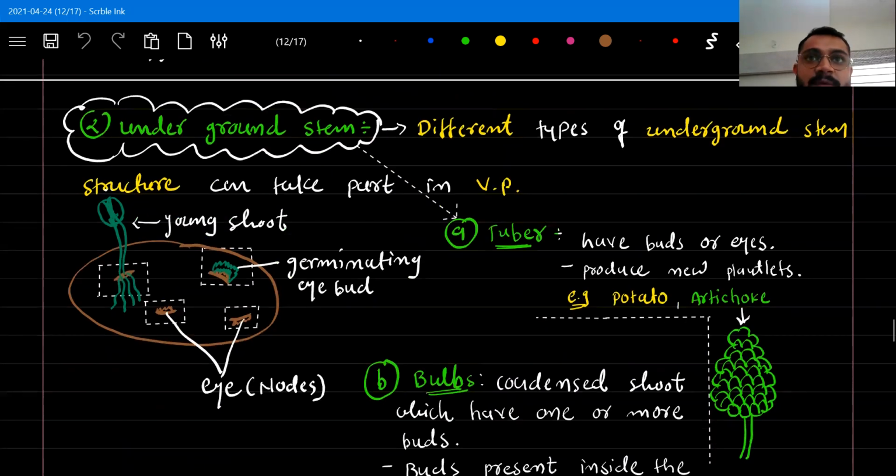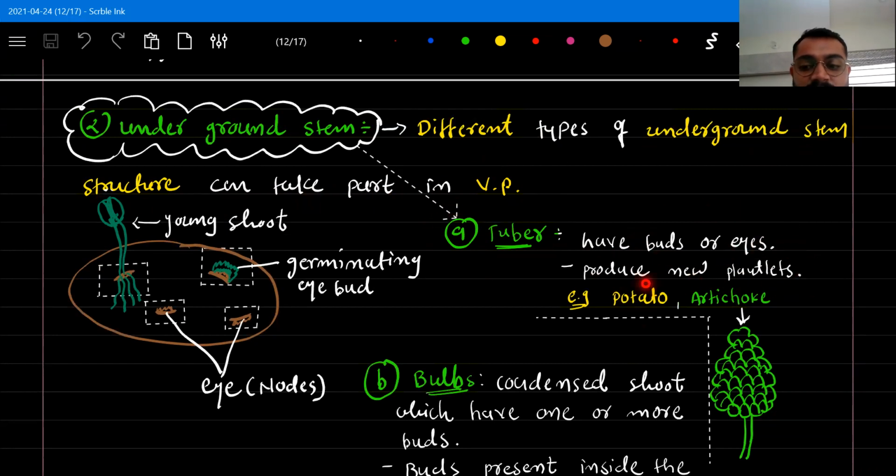Second is underground stem. We have already seen that this is the modification of stem for the purpose of food storage. So the different types of underground stem structures can take part in vegetative reproduction. For example, the first one is the tuber. They have the buds or the eyes, and those will produce the new plantlets.